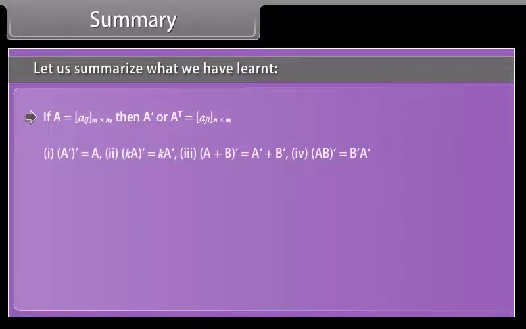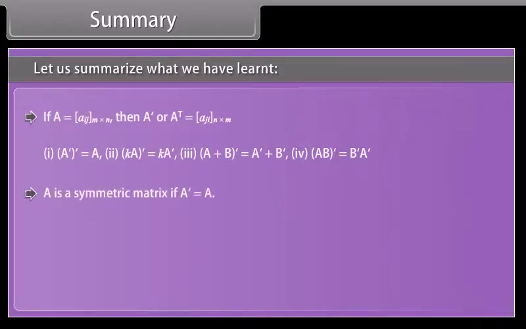Transpose of the transpose of matrix A is equal to matrix A. Transpose of k times matrix A is equal to k times the transpose of matrix A. Transpose of matrix A plus B is equal to transpose of A plus transpose of B. Transpose of matrix AB is equal to transpose of B times transpose of A.